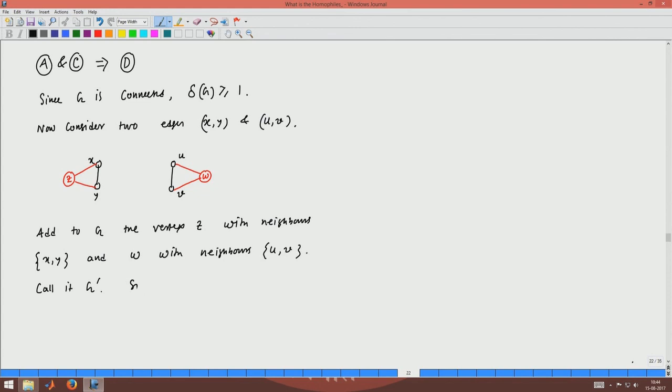Now, since G is 2 connected, by the expansion lemma, G prime is also 2 connected, right.